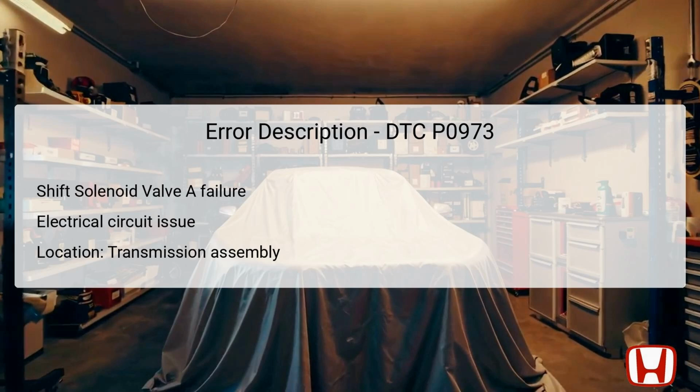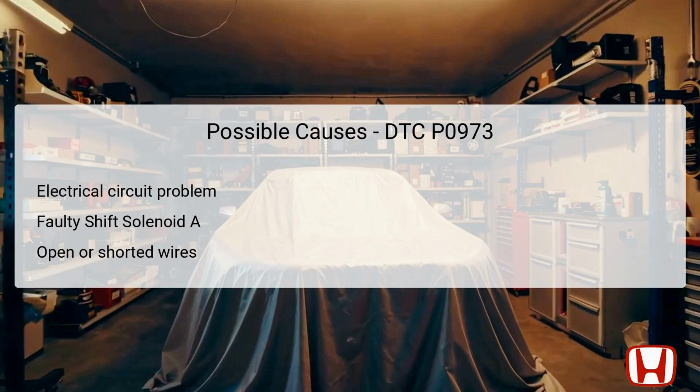with this solenoid. The possible causes for DTC P0973 revolve around electrical issues rather than mechanical faults. Firstly, there may be a problem with the electrical circuit, which could result in a short that hinders the functional integrity of the solenoid. Secondly, the problem might stem from the shift solenoid A itself, which could be faulty and requires replacement.